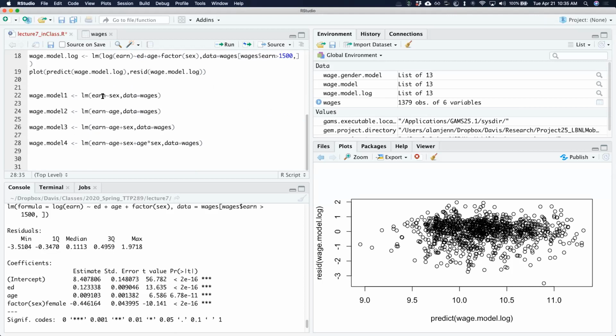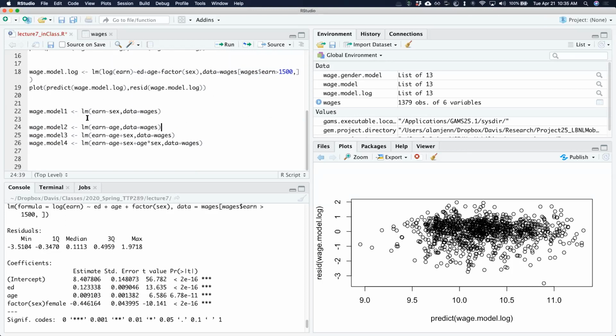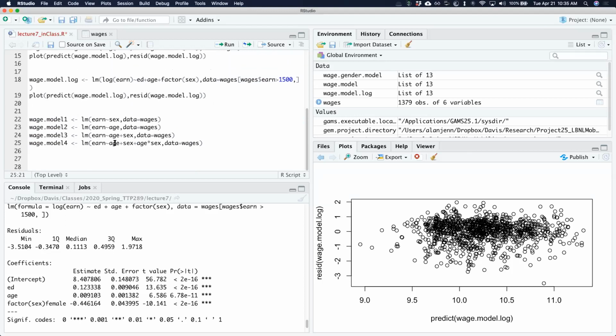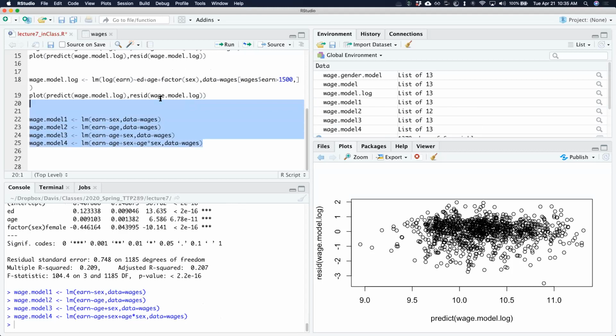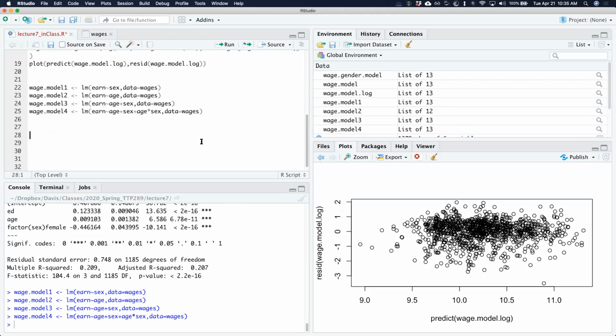So wage model 1, earnings against gender, earnings against age, earnings against age and gender, and then in the final one, looking at earnings against age, gender, and then age interacted with gender. So let's go ahead and go through all of these. I know that we've identified some of that bias from the residuals before, but I'm kind of just ignoring that for now. We'll just look at the interpretation of these models.